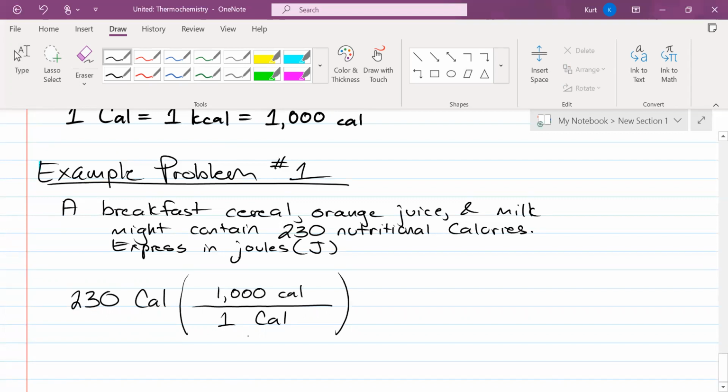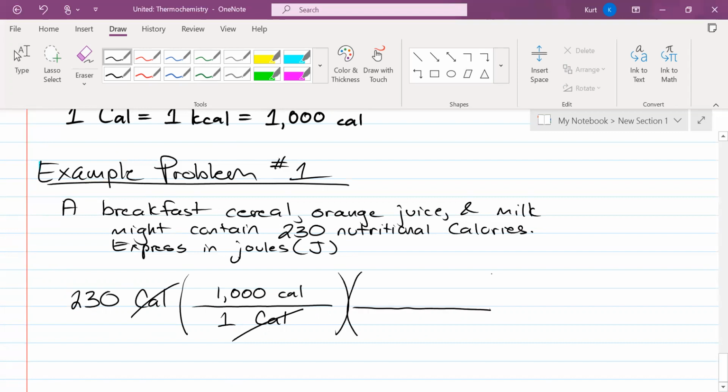That's your first conversion. Nutritional calories cancels out. Why did I want to put 1 nutritional calorie on the bottom? Why did I not put it on the top of this conversion? Arshan? You need like units to cancel out, so you place it on the bottom.